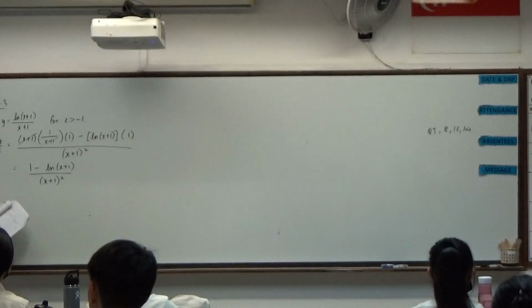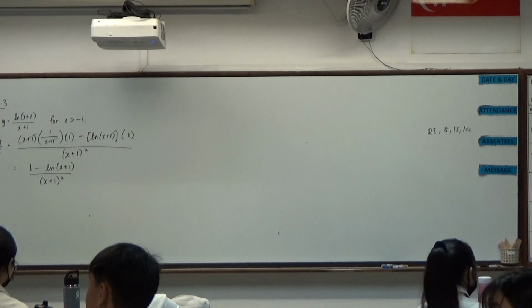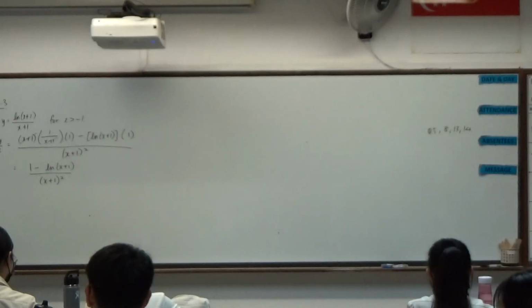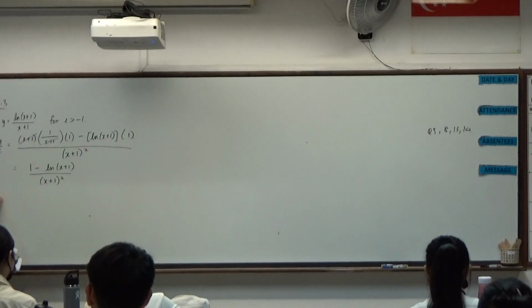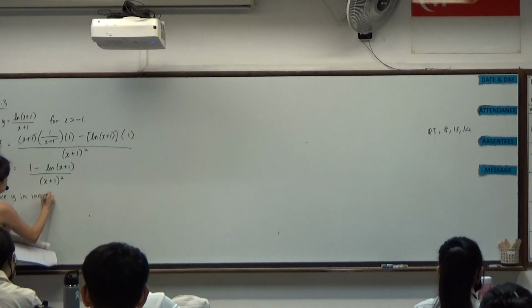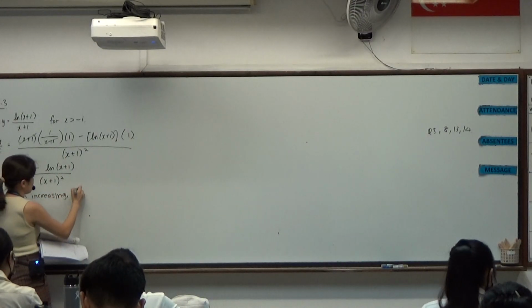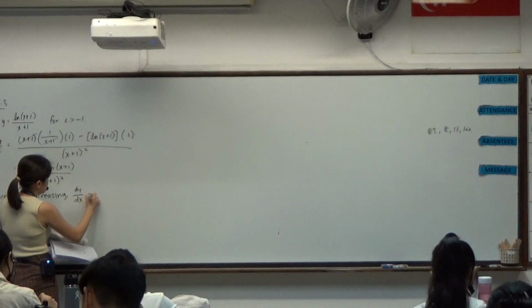Then the question says, we want to find the range of values of x for which y is an increasing function. So since y is increasing, dy over dx is more than 0.